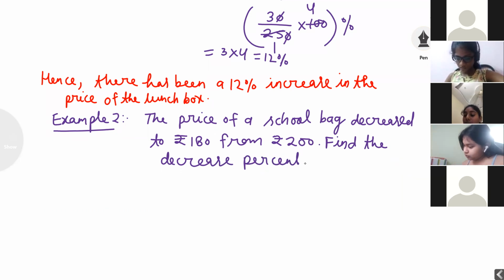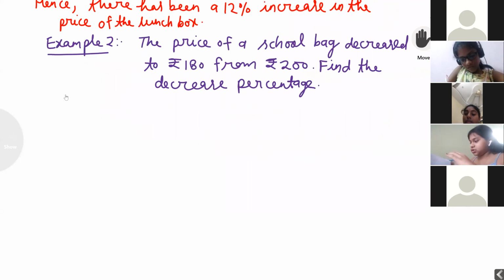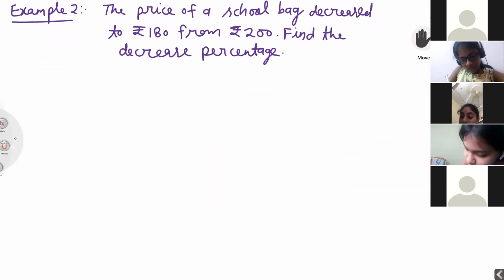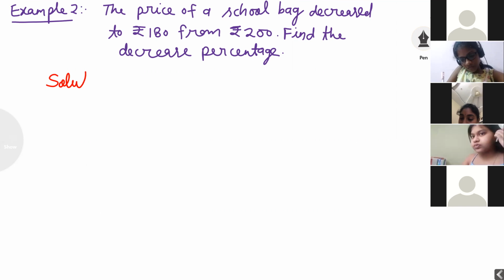Start solving, everyone. The price of a school bag decreased to 180 from 200 rupees. Find the decrease percentage. Now we want to apply the decrease percentage formula.